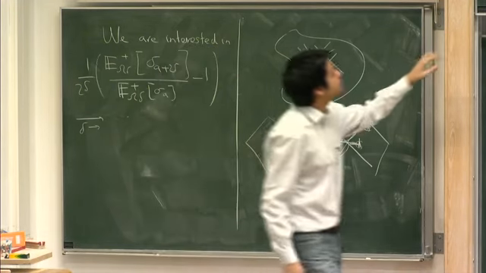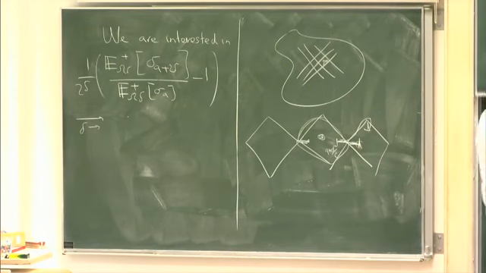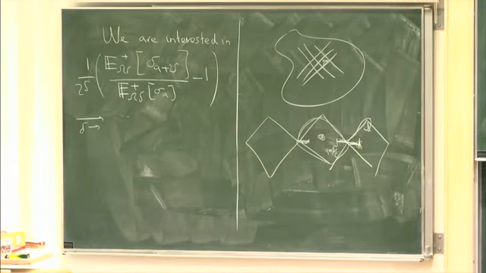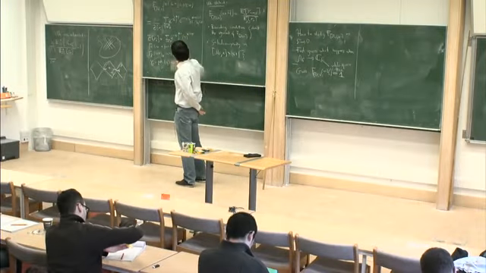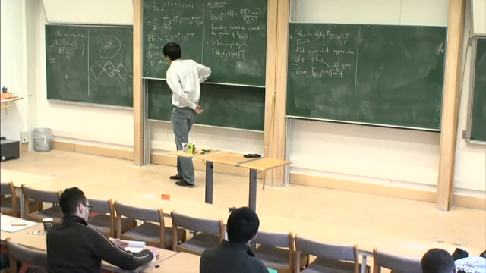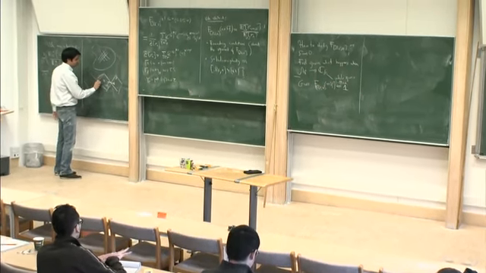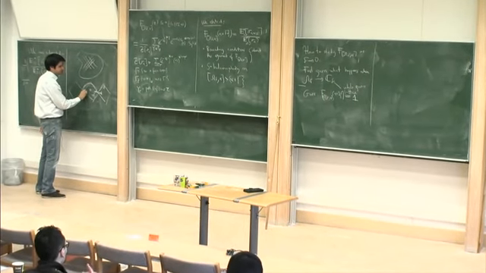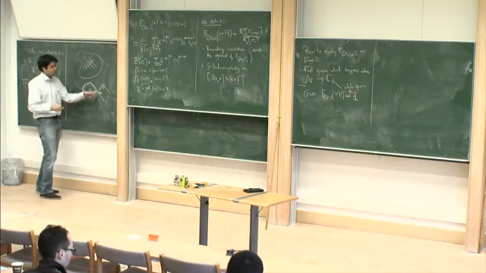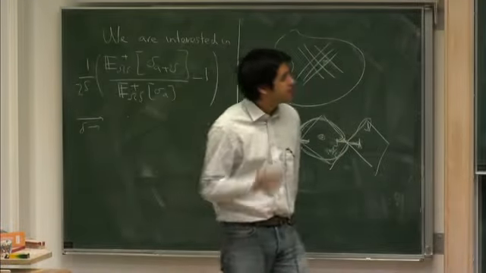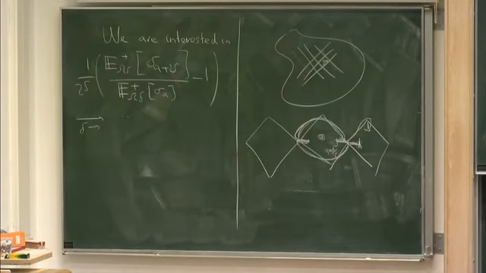Now, how does a reflection affect the weight of a picture here? Let's do an example. If I look at this picture, for instance, the winding is pi. Now I reflect the picture. The winding is minus pi. Okay? So what happens?